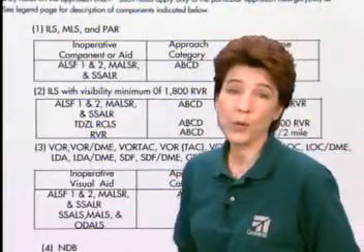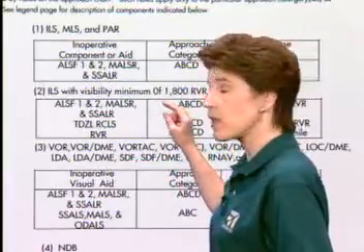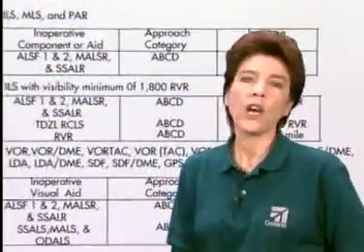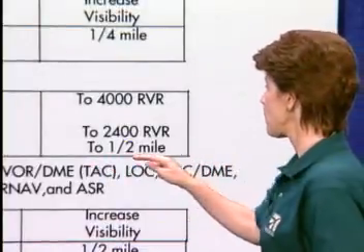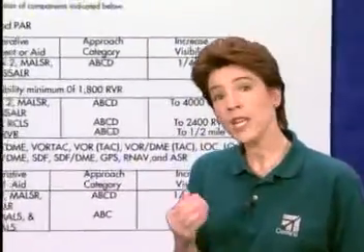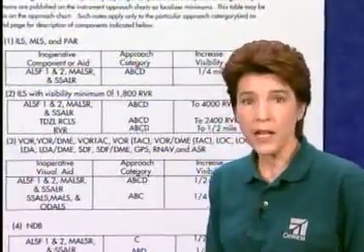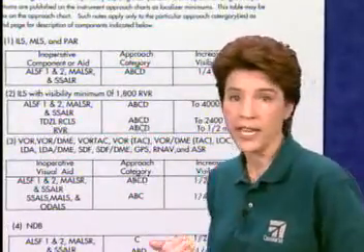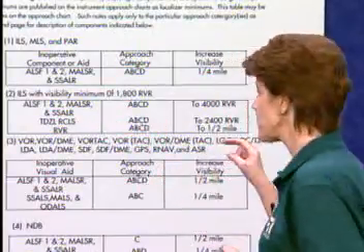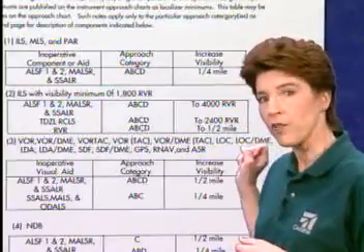Take a look in the inoperative components table at Section 2. That section is for an ILS with a visibility minimum of 1,800 RVR. If RVR isn't available, the visibility requirement goes up to 1/2 mile. Notice that it is to 1/2 mile, not by 1/2 mile. If RVR information is available, but the TDZL, touchdown zone lights, or RCLS, runway centerline lights, are not, the visibility requirement is now 2,400 RVR.